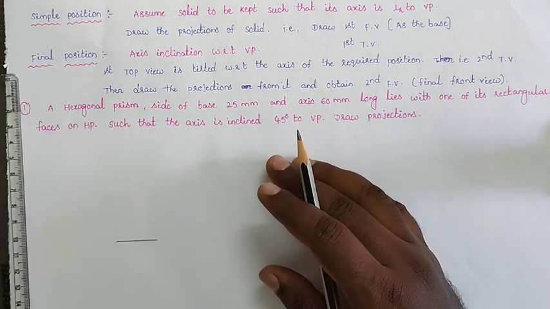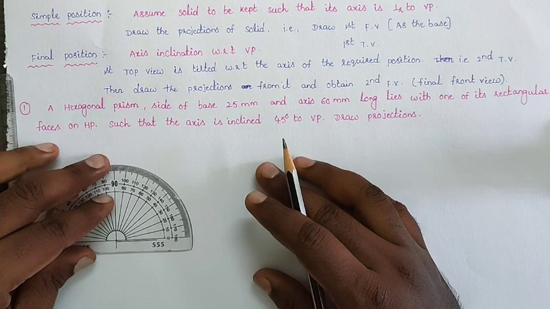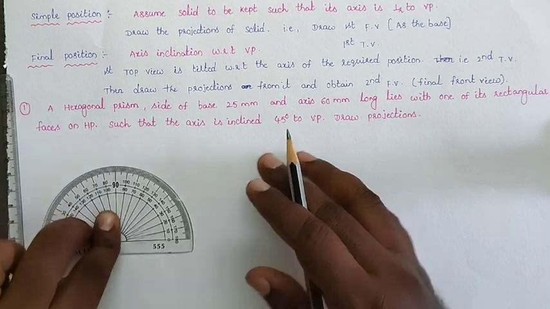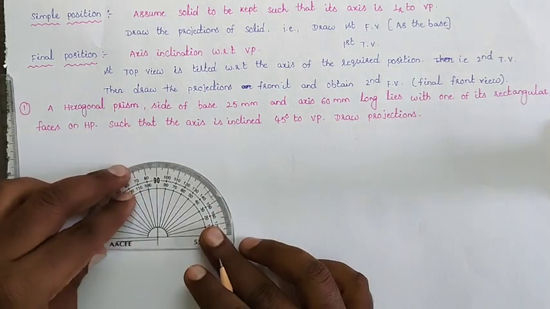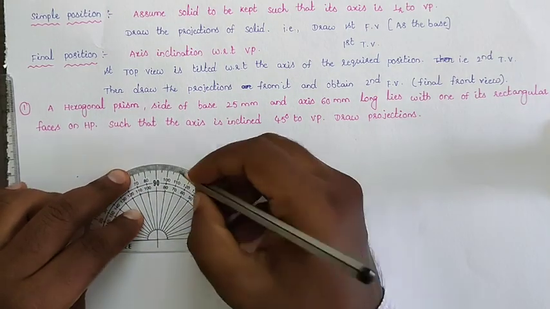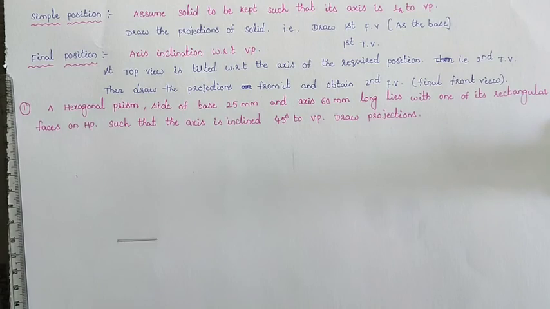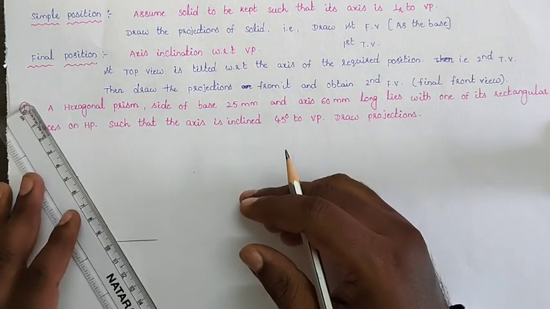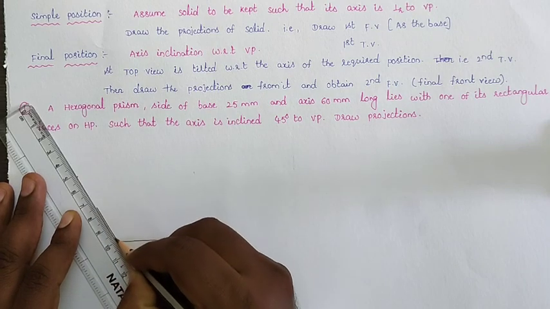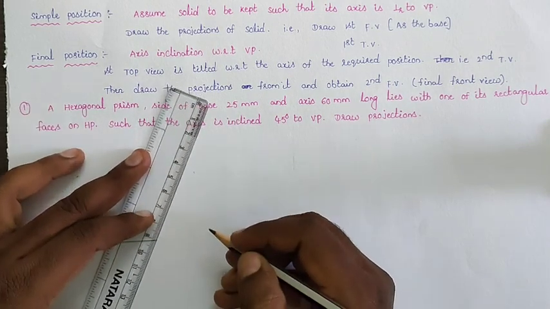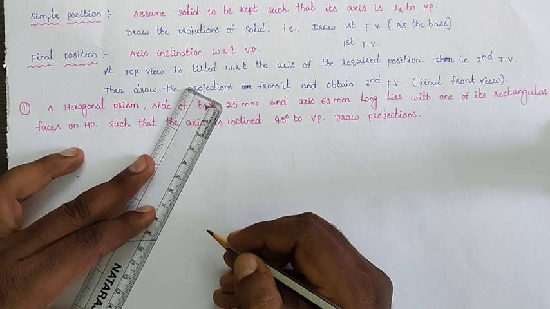The exterior angle of the hexagon should be 60 degrees. So you can take 60, and we will construct the hexagon as the front view of our diagram, with the 25 mm side.